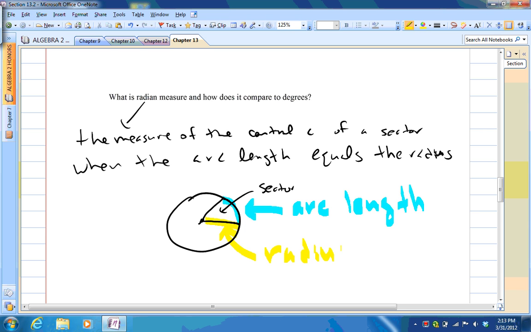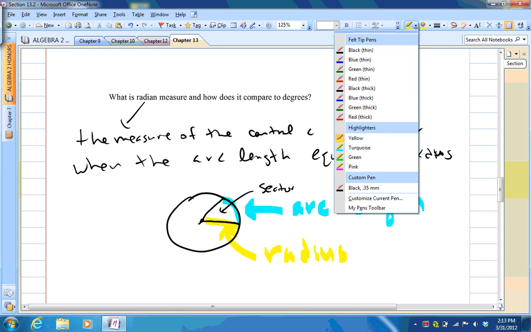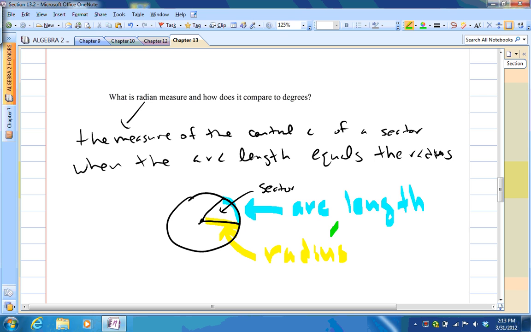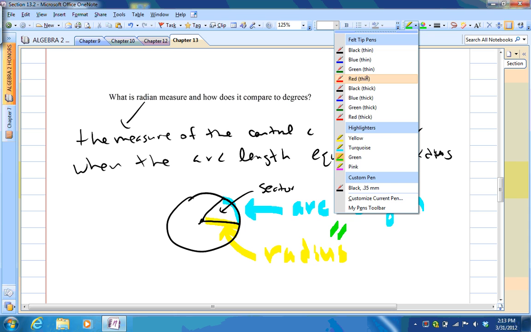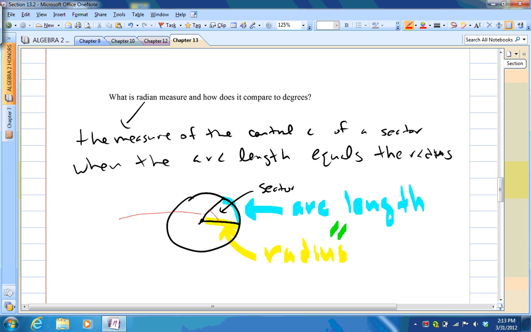Of course, these are things you should know from geometry. So when these two are equal to each other, this angle theta is 1 radian. If you decide to call that theta, theta is just 1 radian. So that's how a radian is defined. It's simply the measure of an angle of a sector when the arc length equals the radius. So that is 1 radian.